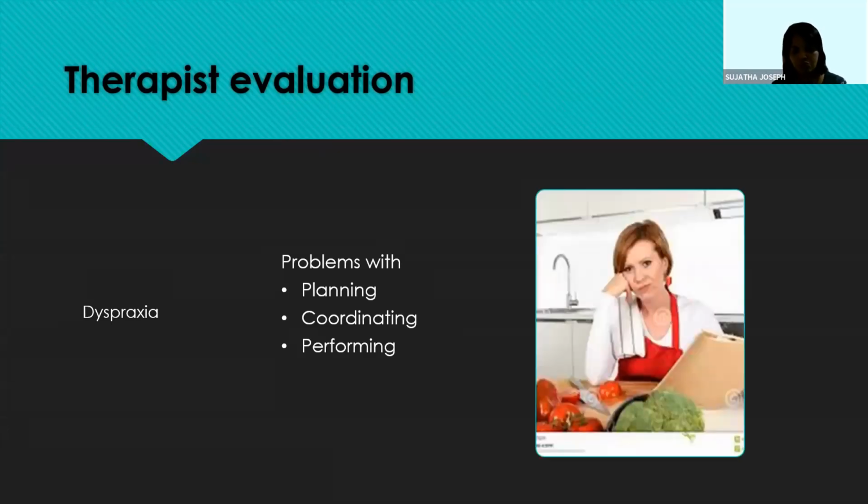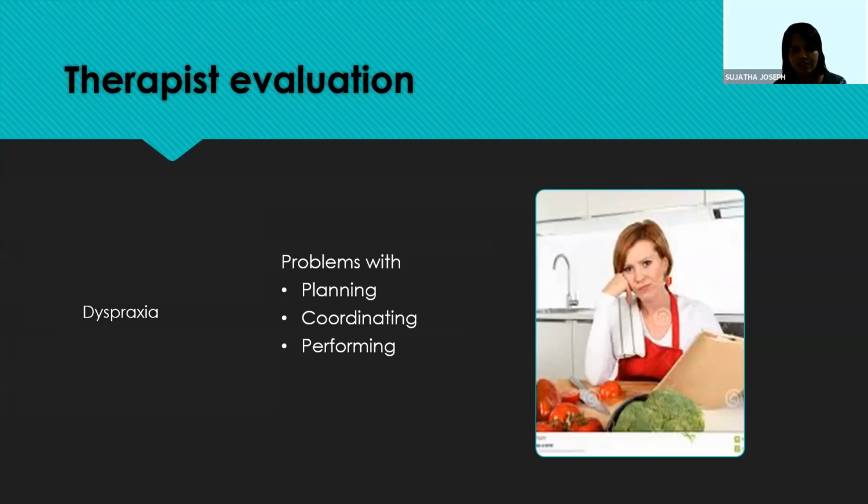So for example, if she wants to make something, she will know what all to be collected, what to do, but she will not be able to do it step by step. She will not be able to plan what to do first, what all to be collected, and what is a step for completing the task.